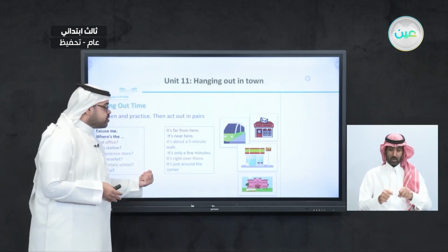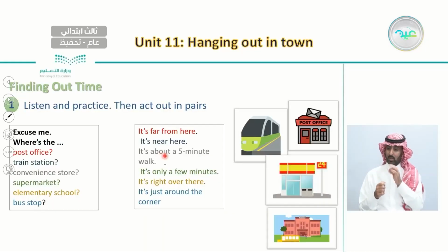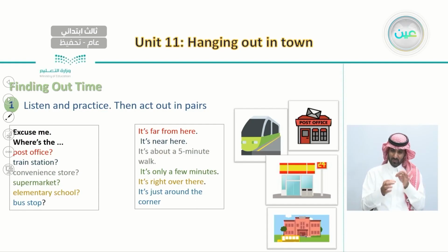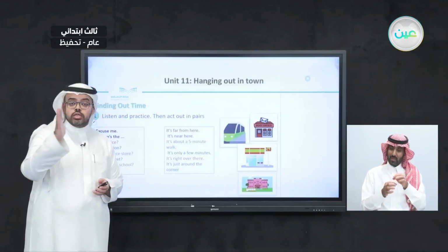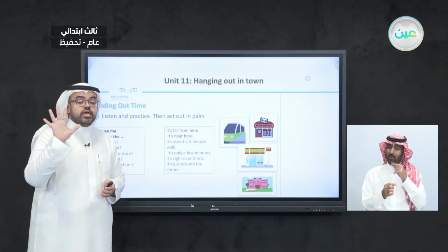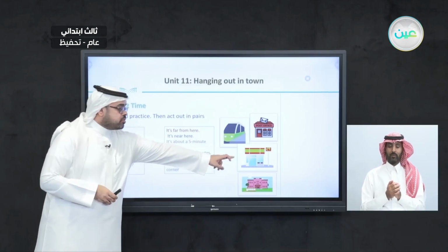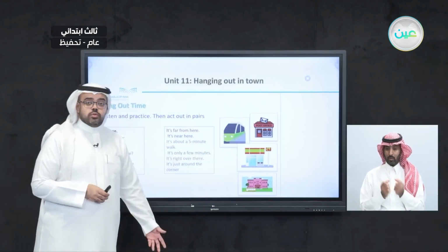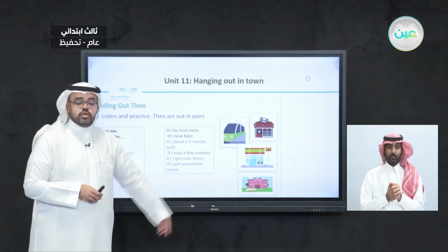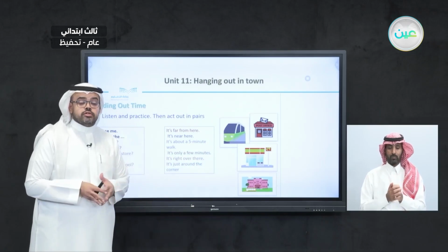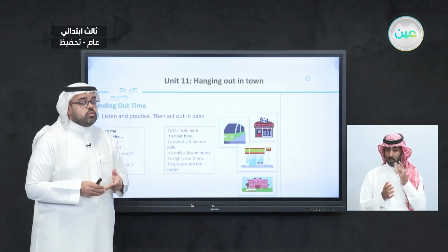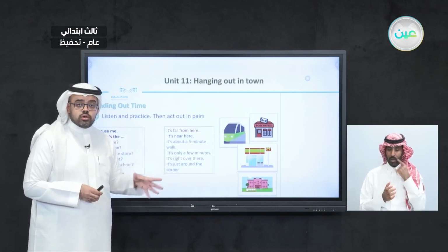So the answer is, it is about a 5-minute walk, which is very near. All you need to do is to walk in a direction for 5 minutes, and then you will reach the convenience store. So this is another direction we learned, 5-minute walk.